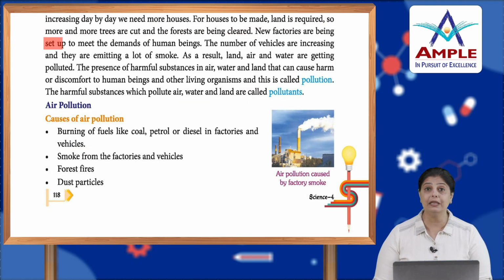Now, new factories are being set up to meet the demands of human beings, because more humans, more demands. The number of vehicles is increasing and they are emitting a lot of smoke. As a result, land, air and water are getting polluted. The presence of harmful substances in air, water and land, that can cause harm or discomfort to human beings and other living organisms, is called pollution.